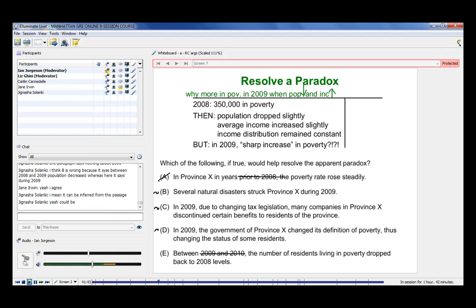Okay, think like the test writer. Don't pull your own biases in. Don't make your own assumptions about how the world works. Simply focus on the facts in the passage. In answer choice B, do you know that natural disasters make people poorer?